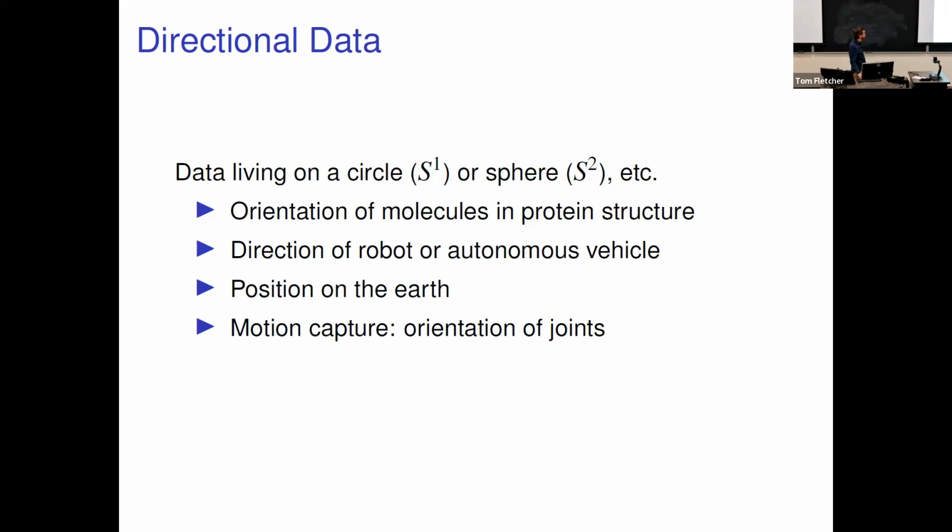Yes, I already mentioned positions on the Earth. Motion capture, when you have a person or object that you're doing motion capture on, the joints are rotating, right? And so those are spherical or rotational data. Time is actually directional data. So time lives on a circle, right?